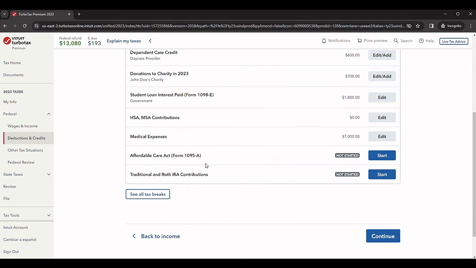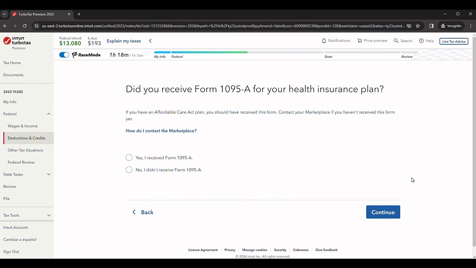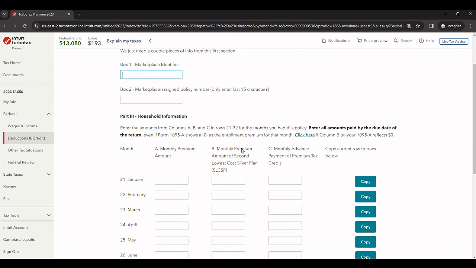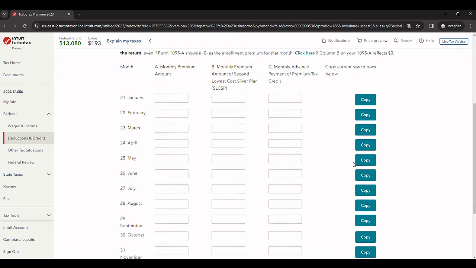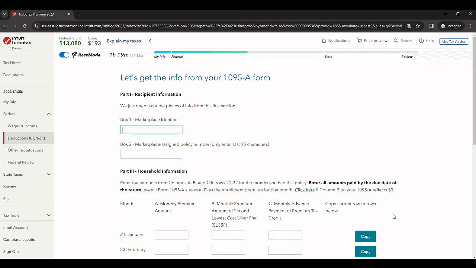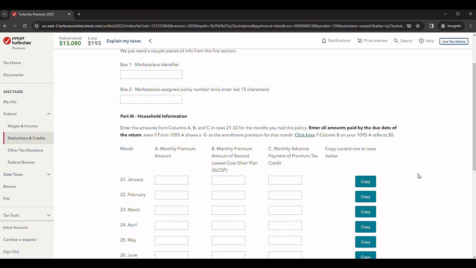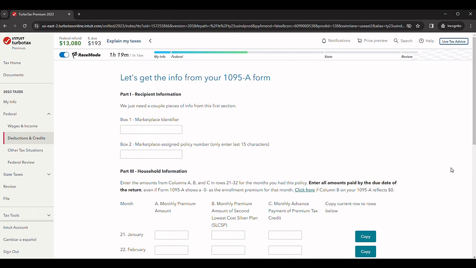Affordable Care Act, so 1095-A. I'm not going to go through this part. If you have a 1095-A, just enter the information that you see on your form. You know what, I'll tell you, this can be important.